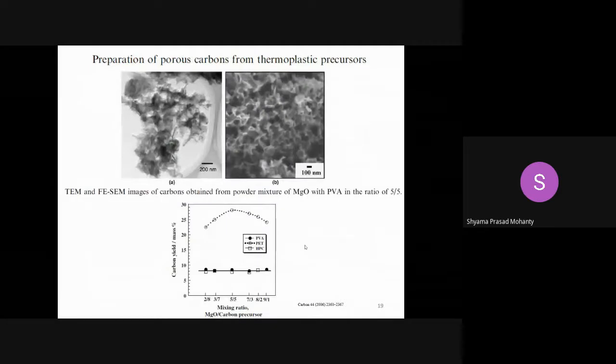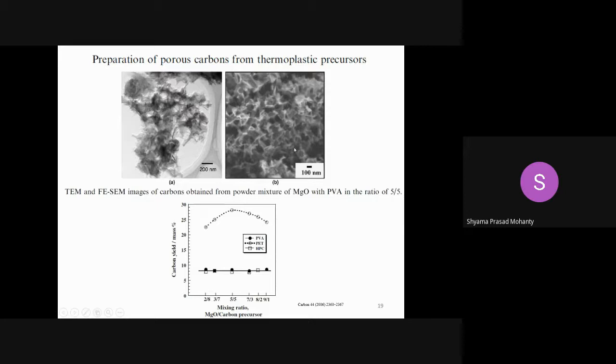Okay. So people have also prepared porous carbon from thermoplastic precursors. So these are the TEM and scanning electron micrographs of magnesium oxide with PBA.